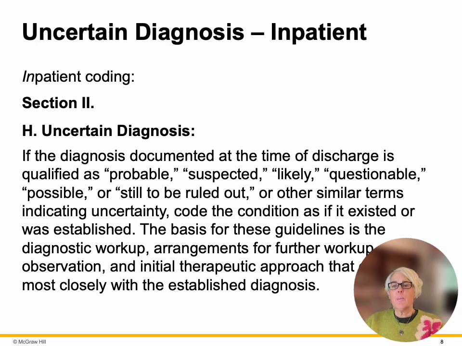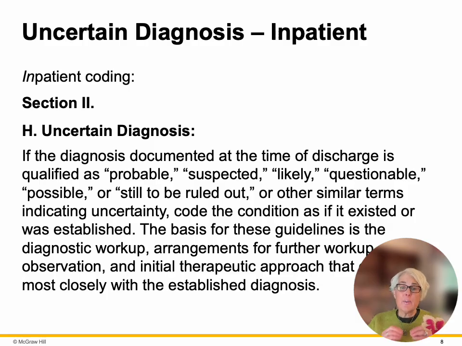In inpatient coding, we have a special rule for uncertain diagnosis that can often take students by surprise. If at the time of discharge the provider documents a condition as probable, suspected, likely, questionable, possible, or any other similar terms, and the workup and treatment support that diagnosis, we code that condition as if it exists.